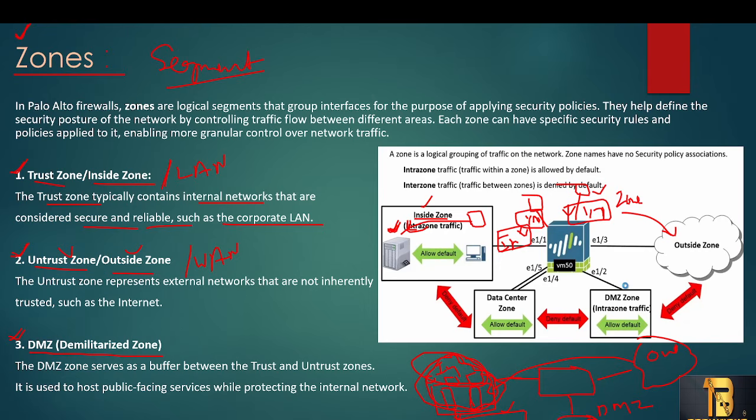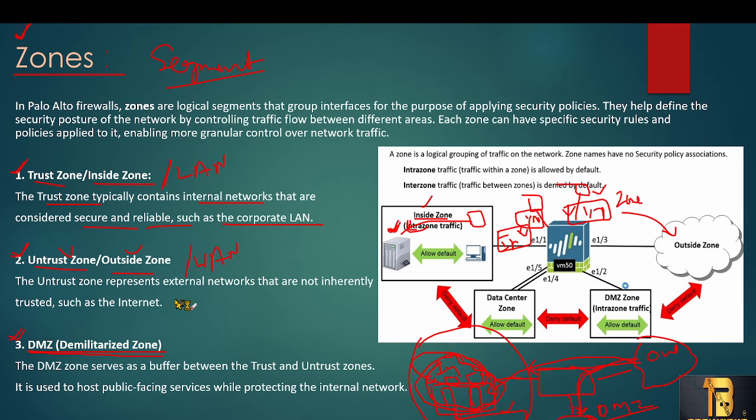These servers are available in your network only, but in a different zone. With the demilitarized zone, whenever users come and access this network, they will go directly to this side and not come this side, so that we can secure our internal network. That is the main purpose of the DMZ zone.